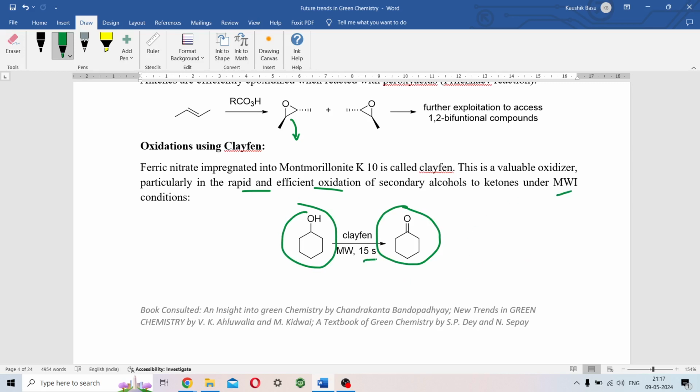Within 15 seconds, this oxidation is taking place, and with high yields. Therefore you are using green technology here, and you are also avoiding the use of environmentally detrimental oxidizing agents. So this is truly a sustainable process.